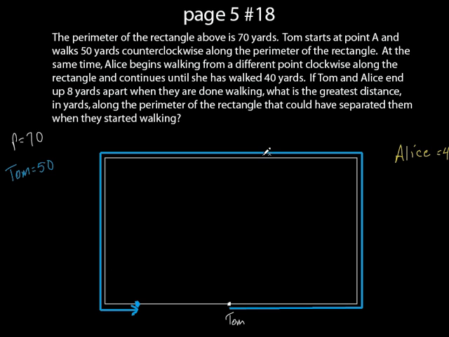So I don't know. I'm just making a guess right here. Let's say that she starts here. Okay, so I'll just write in Alice. This is where she's going to start, and she goes 40 yards. And I don't know, let's say she'll end about right here.